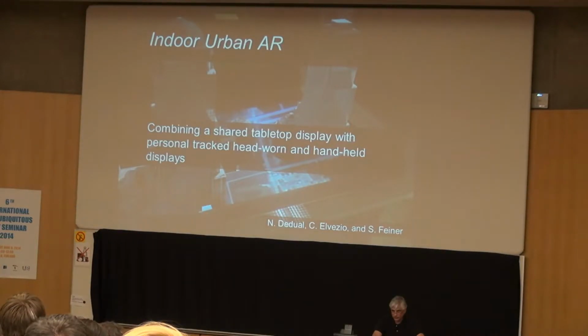So the tabletop is showing essentially just the footprints of the buildings, kind of like, say, Google Maps or Google Earth. In this case, it's actually not Google Maps or Earth, because it's a Microsoft product done using Bing Maps. And the buildings look the way that they look because they're being seen on the head-worn display, which is its own separate display. This is one eye of a stereo display system.